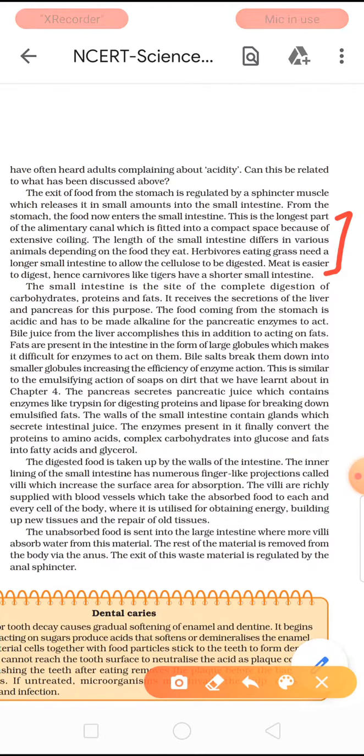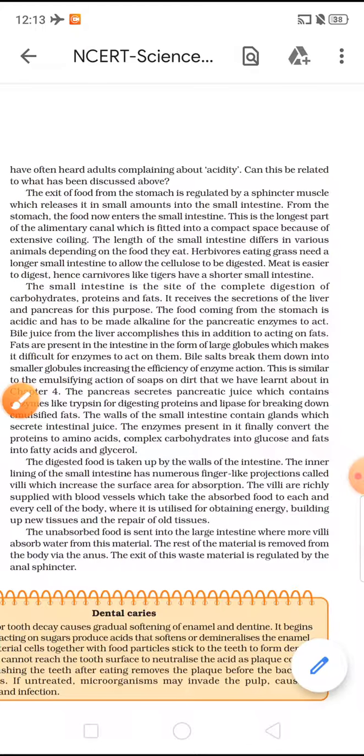Meat is easier to digest. So carnivores, which carnivores? Lion, tiger. They will have short small intestines. So herbivores will have longer small intestines, and carnivores, which feed on meat, will have shorter small intestines.